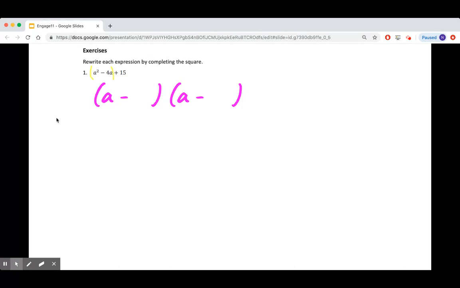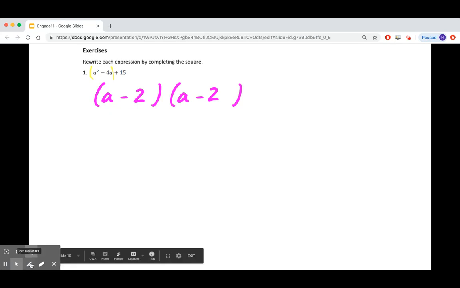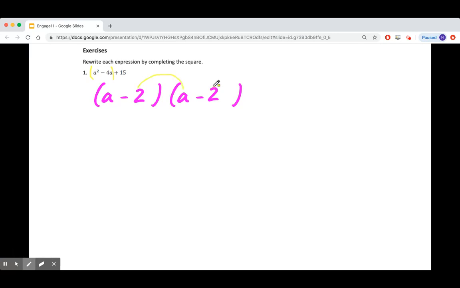Now, of course, if I fill the blank with a 2, I know that a times a is a squared, and that I'll end up with two terms of negative 2a, because I will end up multiplying this negative 2 times a and this negative 2 times a.